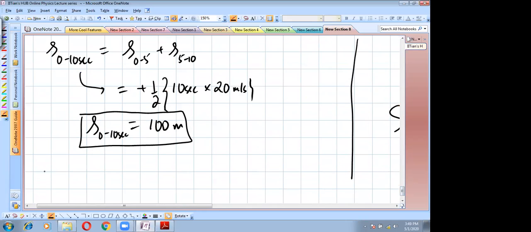So next I'll see the displacement from 10 to 12.5 seconds. That is the negative of the area of that triangle, and the area of this triangle was this one. So that is minus 12.5 meters.